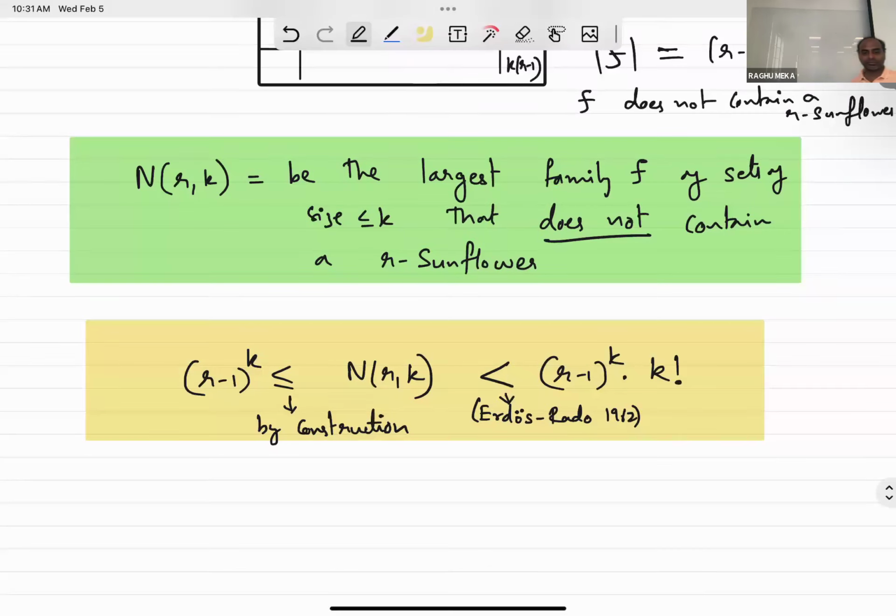And this stood just like this for 60 years. There was no improvement, some minor improvements, some various reductions and so on, but nothing really changed in this picture until 2020. Okay, so what happened in 2020? Let me pull up the exact bound.